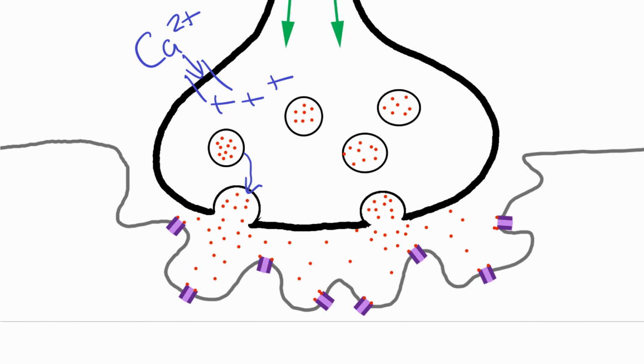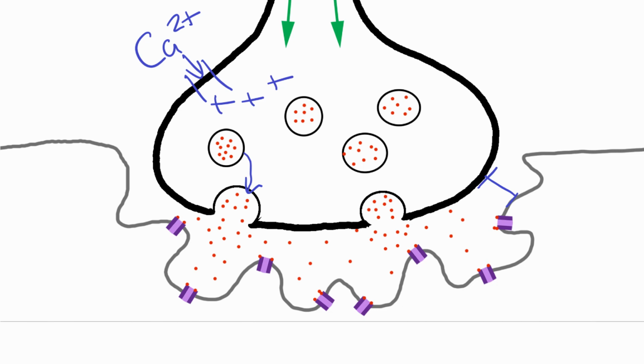What's basically happened here is we've gone from an electrical signal, the action potential, converted into a chemical signal, the acetylcholine. Now all that acetylcholine is going into the space called the synaptic cleft. This space right here is referred to as the synaptic cleft.